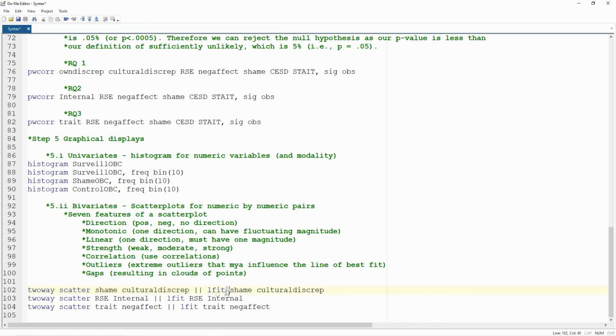Then I write lfit, which means fit the line of best fit, and then I write shame and cultural discrepancy again. I have to write these 2 because if I write another pair of variables here instead, it'll fit the line of best fit for that other pair. That's handy if you want to layer things, but we don't. So: twoway scatter, variables, 2 vertical lines, lfit, the same variables again. Let's run this.